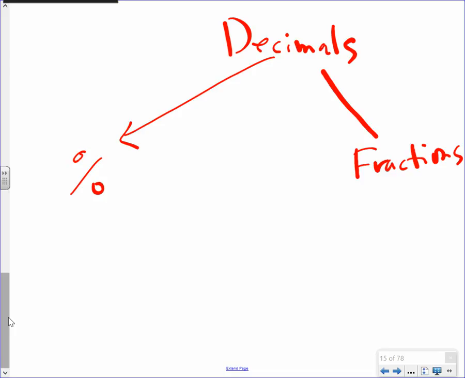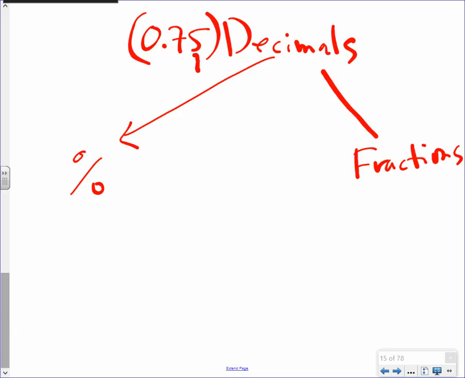Let's convert the decimal 0.75 into a percent. Okay, so 0.75, that's a decimal. Let's convert it to a percent first. Remember how decimals are code language for fractions?